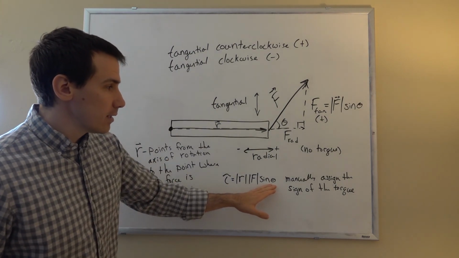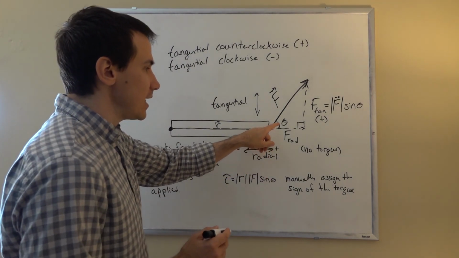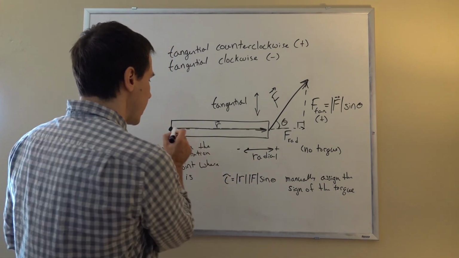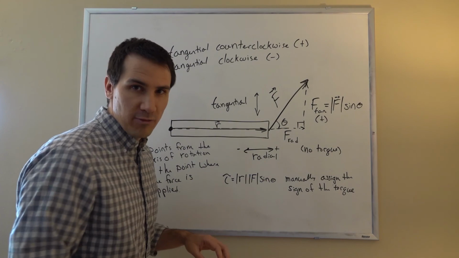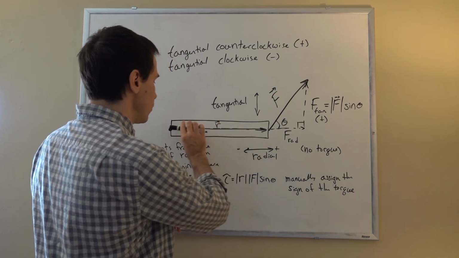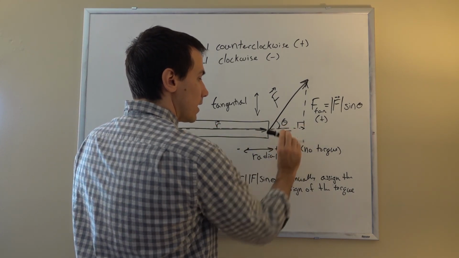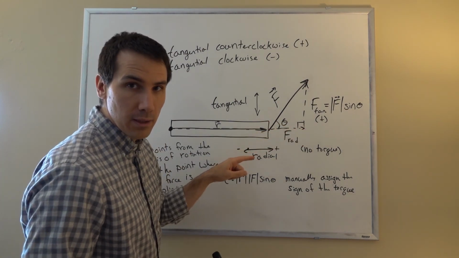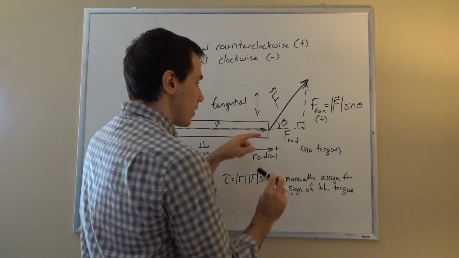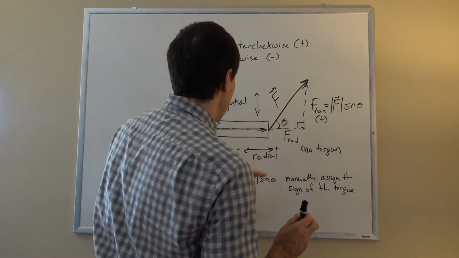And theta here is always the angle between the direction of my R vector, right? Because if you continue my R vector out, it comes parallel to this F radial here. So it is the angle between my R vector and my force.